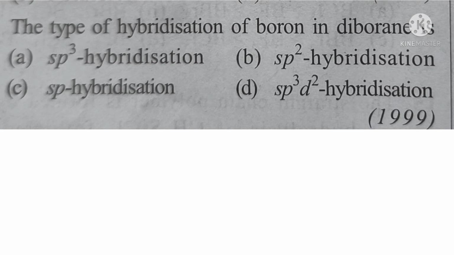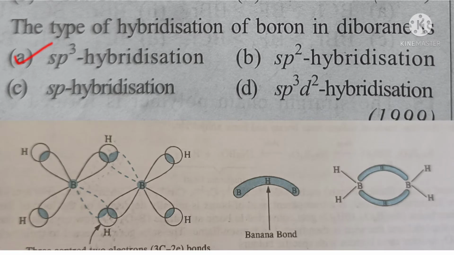So let us begin. The type of hybridization of boron in diborane is sp3 hybridization. Each boron atom is sp3 hybridized. Of the 4 hybrid orbitals, 3 have 1 electron each while the 4th is empty.